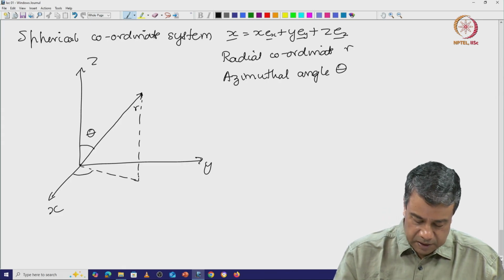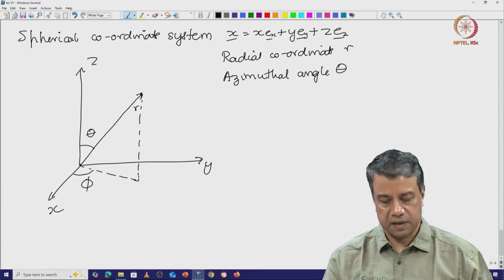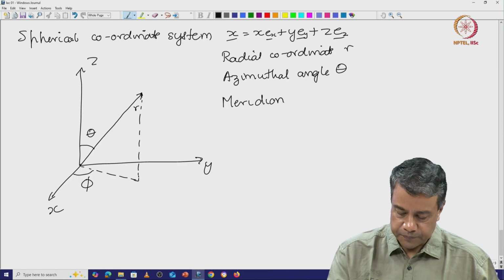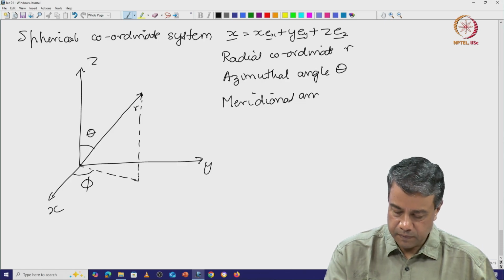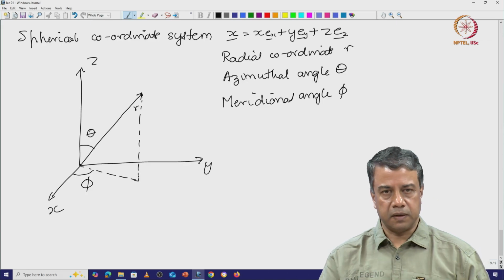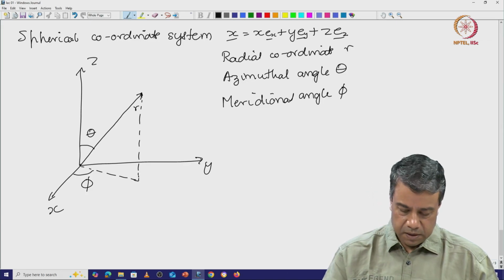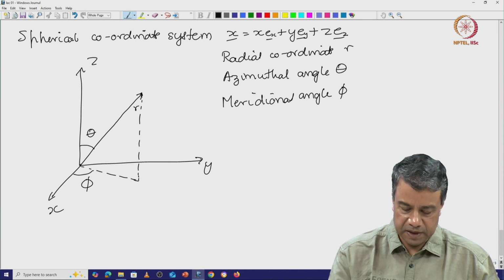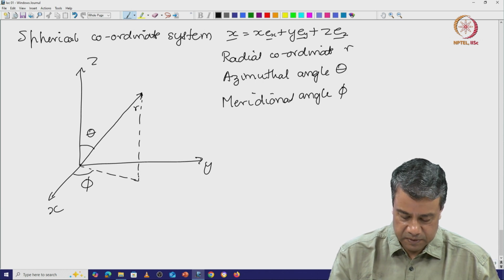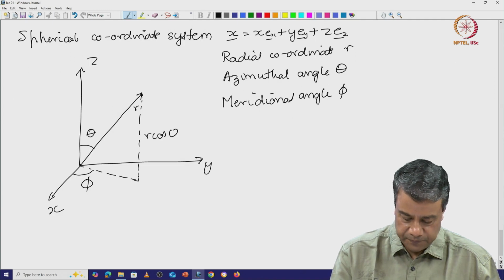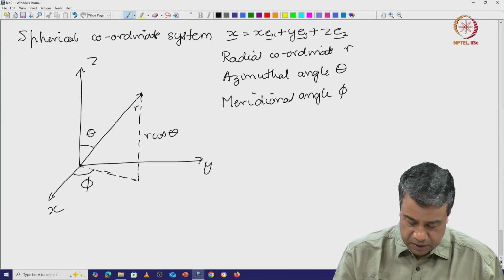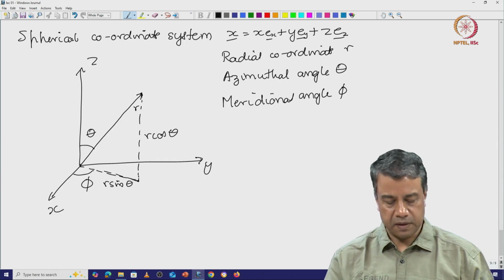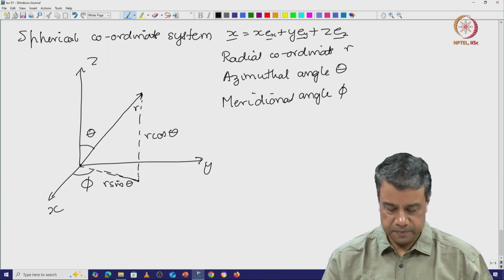The angle made by this projection with the x axis is what is called the meridional angle, phi. Since the azimuthal angle is theta, the height above the xy plane is r cos theta, and the distance from the origin to the projection is r sin theta. And the total distance is r.